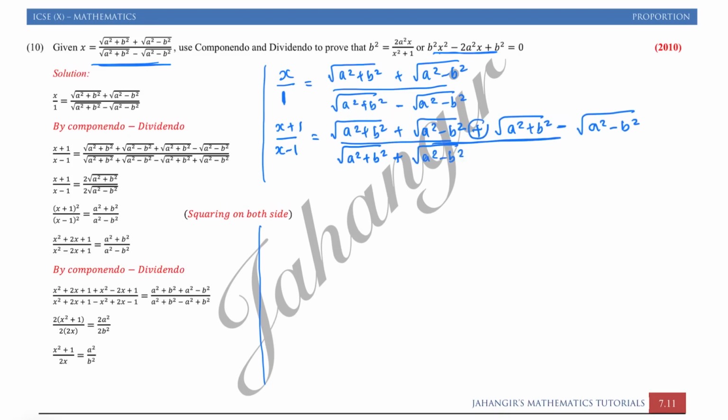Now instead of plus, here I am writing minus. See this minus. When I am writing minus, I have to change the sign. The sign under the root will not change, only the next sign will change.